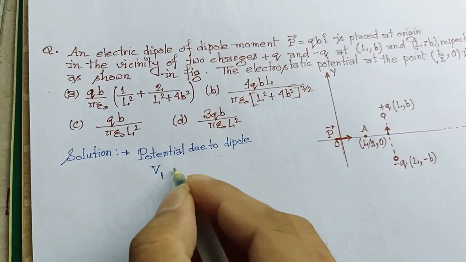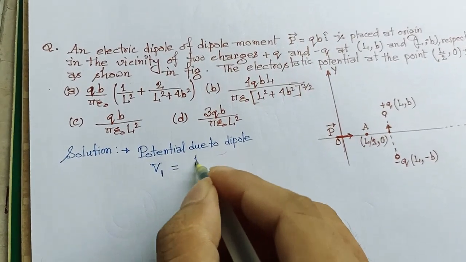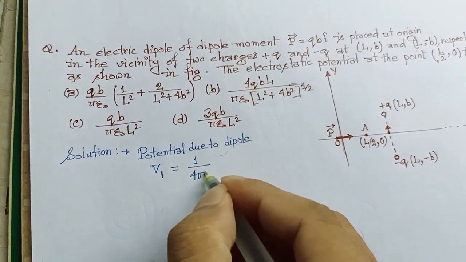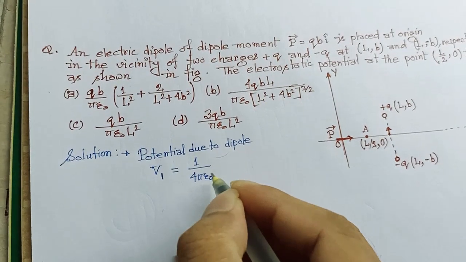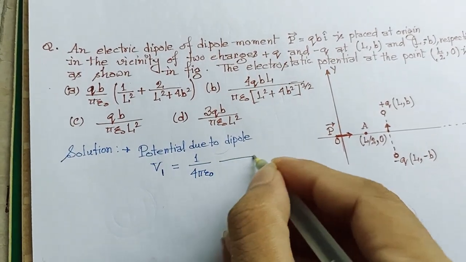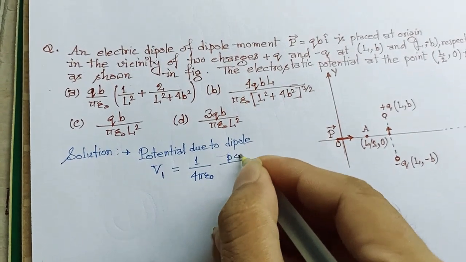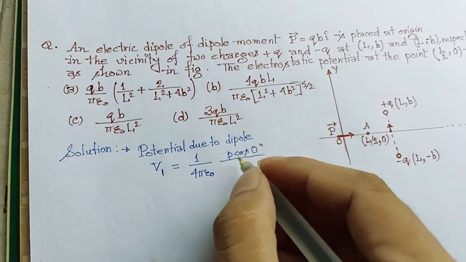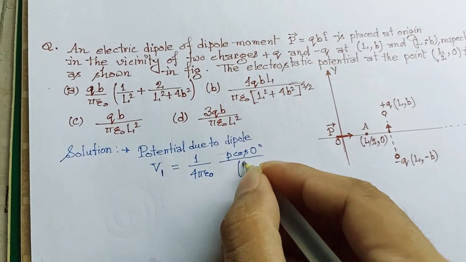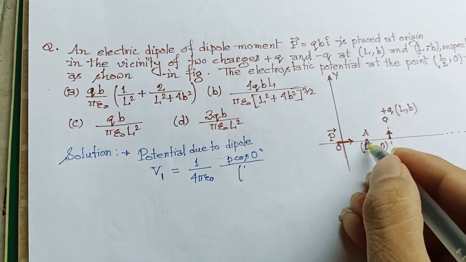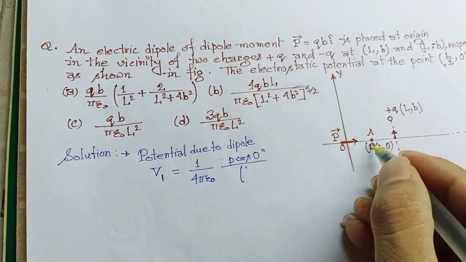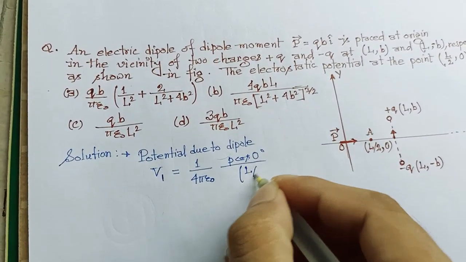So our potential due to the dipole is equal to 1 divided by 4 pi epsilon naught, and here the angle is 0 degree, so we can write P cos 0 degree divided by the distance, which is L divided by 2, squared.